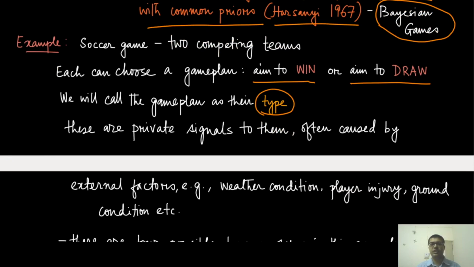Some of these teams might be able to play in very hot conditions, very cold conditions, etc. Player injuries are something that only the respective teams will know, their fitness levels. And then it also depends on the ground condition. If it is very wet, maybe some teams have certain advantages. So based on that, they can choose which kind of game plan they want to play.